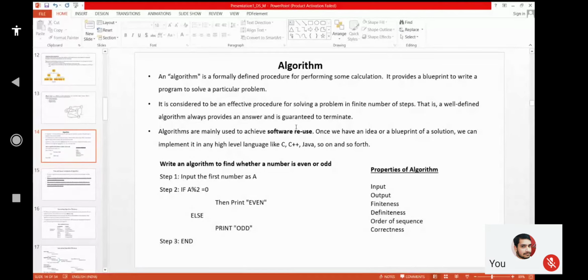No, that is not possible. Mind it, the number of instructions must be finite for each and every algorithm. The number may be 1,000, maybe 1 million, or maybe 5, but it should be a finite number.